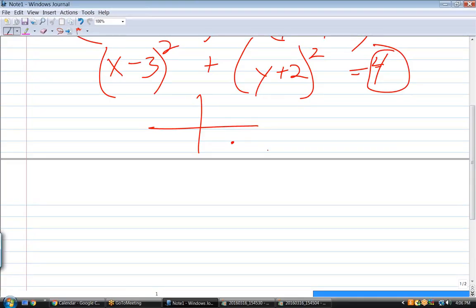So it's 2? Correct. In other words, whatever is on the other side of the equation, the standard format for a circle is x minus h squared plus y minus k squared equals r squared. It's the only one that's equal to r squared.